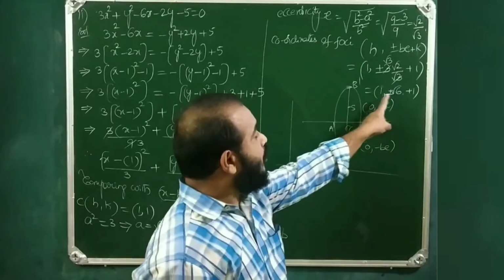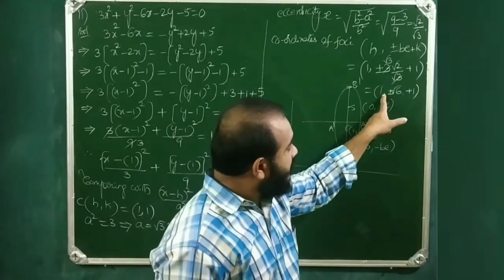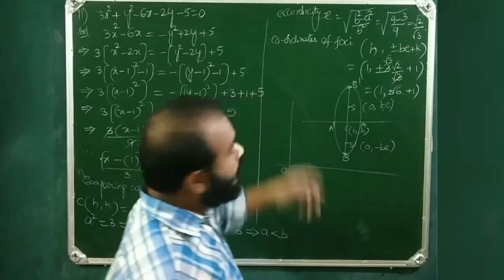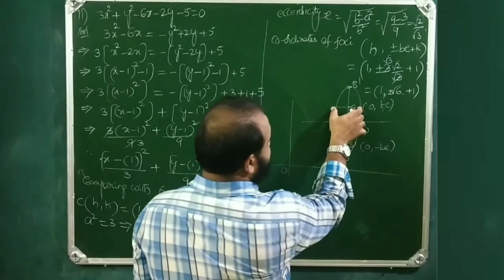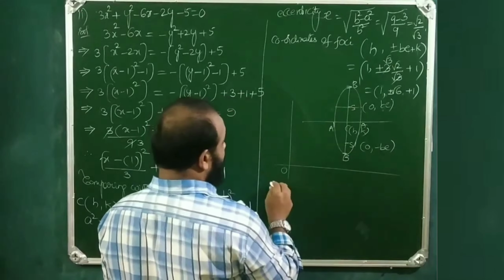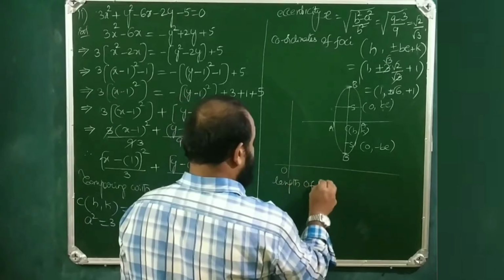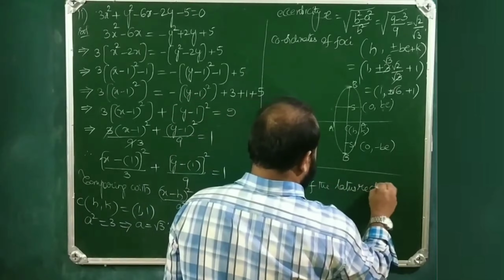So 1 comma root 6 plus 1, and 1 comma 1 minus root 6 is this. And after foci, the length of the latus rectum. Length of the latus rectum is this.